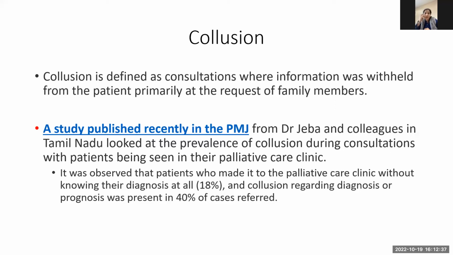During their study, it was observed that among patients in the palliative care clinic diagnosed with rare or life-threatening diseases, only 18% knew the actual diagnosis, and collusion regarding diagnosis or prognosis was present in 40% of the cases. So we define the problem which is there in collusion.